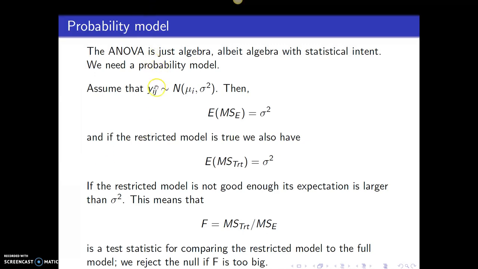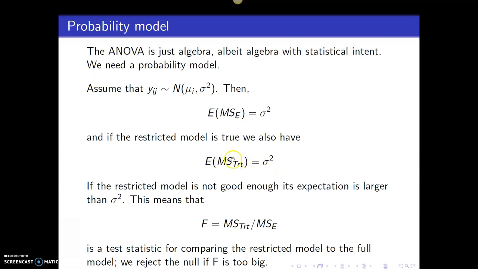So we say, let's assume we have normal distribution of each Yij, then the expectation of our mean squared error is going to be sigma squared. We're going to make that assumption. Under the restricted model, so remember the restricted model says that every mean can just be modeled using the grand mean, then our mean square for treatment would be exactly also sigma squared.